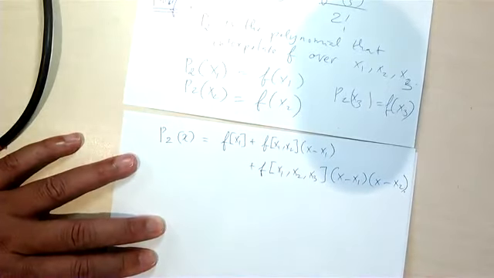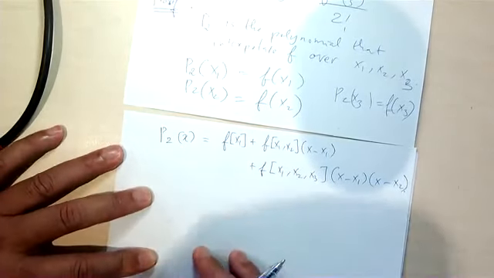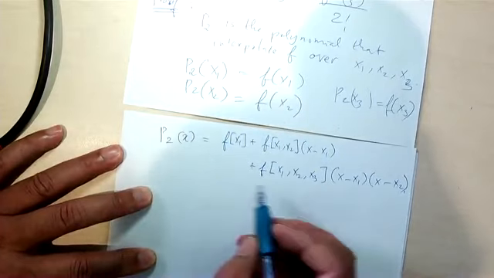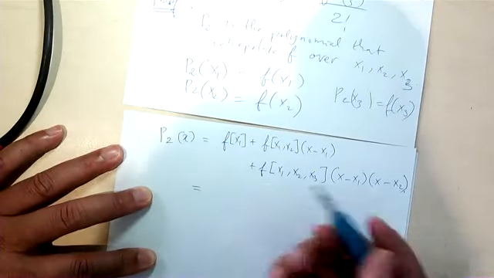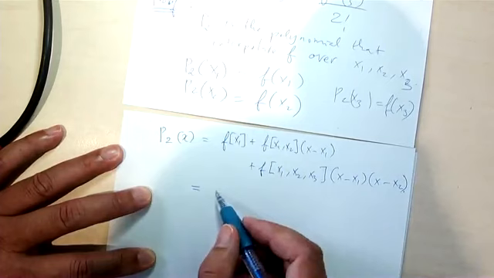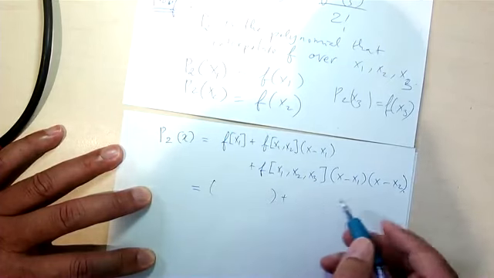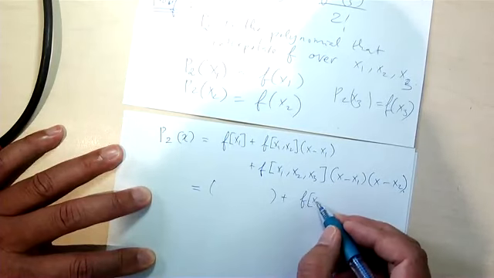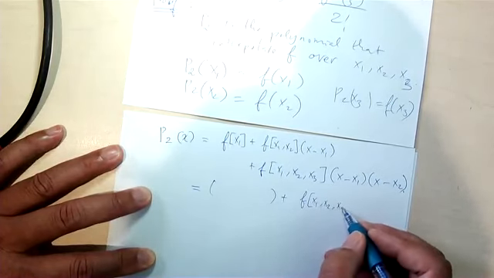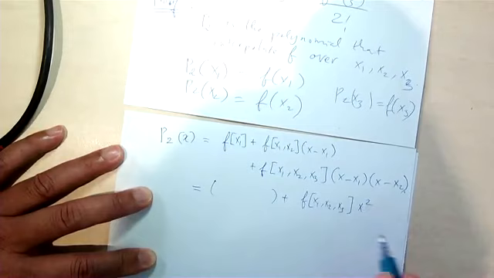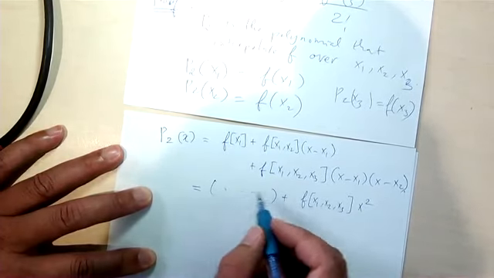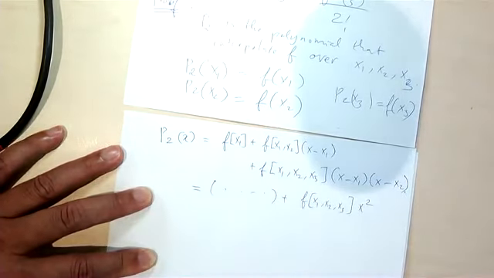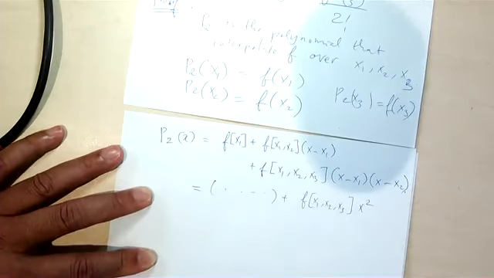Now this is just some polynomial, some quadratic, and the coefficient of x squared will be this divided difference. I expand it out and just ignore the lower order terms, and it looks like this.